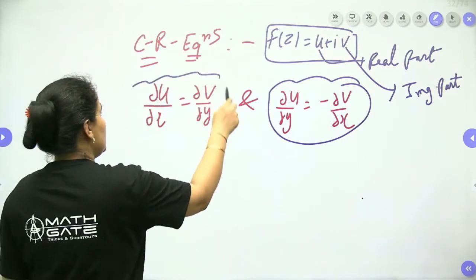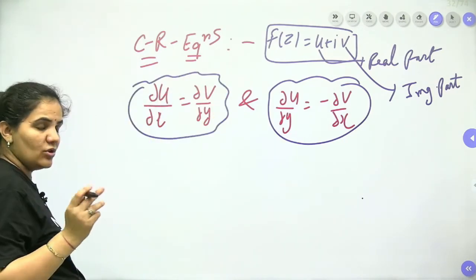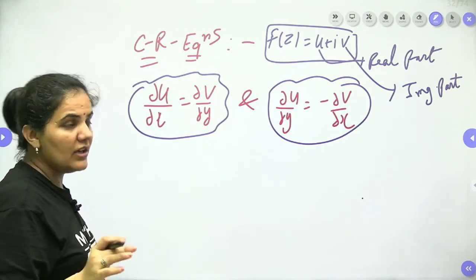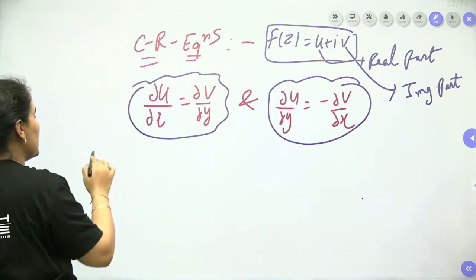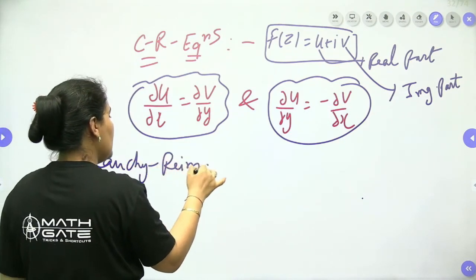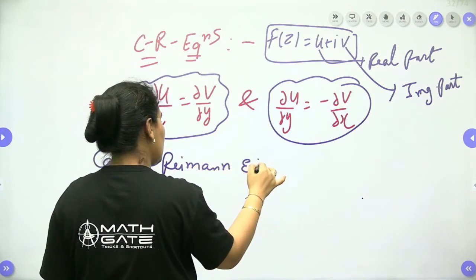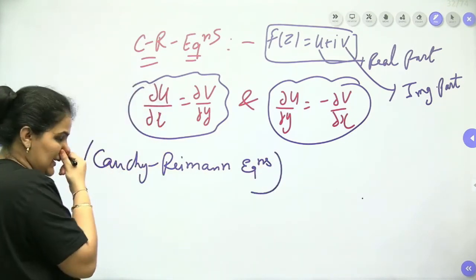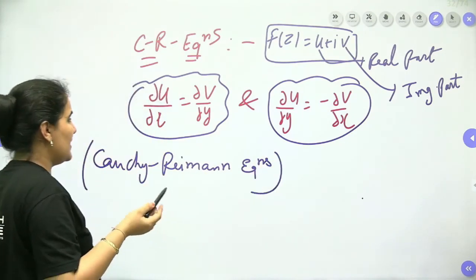So we can say any function is said to be an analytical, holomorphic, or regular function if it satisfies the CR equation, that is the Cauchy-Riemann equation, dear students. For the Cauchy-Riemann equation you should know the basics of partial differentiation.